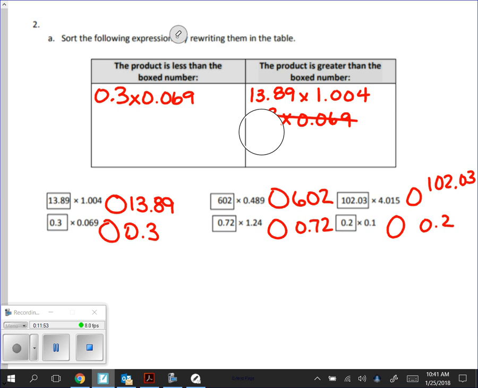I was so not looking up. Okay. 602 times 489 thousandths, because this is also less than 1. It should be over here because you don't even have a 1. You've got nothing in the ones place.